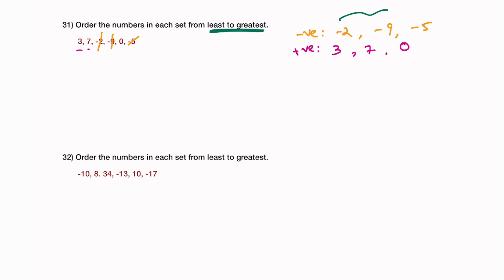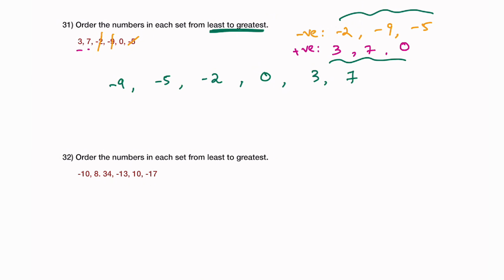Now in this negative list I have to start with the largest, right? Because larger is smaller in negative. So it's minus 9, minus 5, minus 2. And here, because they're positive, I go normally, right? So I'll say 0, then 3, and then 7. Yes? Good. Let's do the next one.